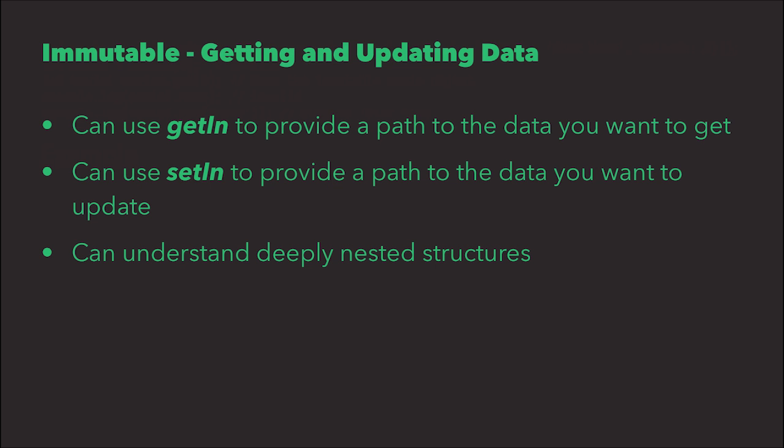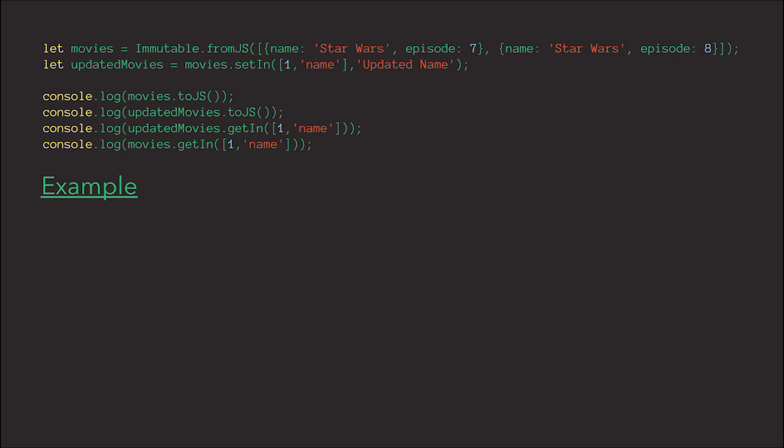Also, for getting and updating data within the array, you can also use getIn and setIn, which will provide a path to the data that you want to get out. These methods can also understand a deeply nested structure. So, for example, here we have an update with movies.getIn of 1, name.